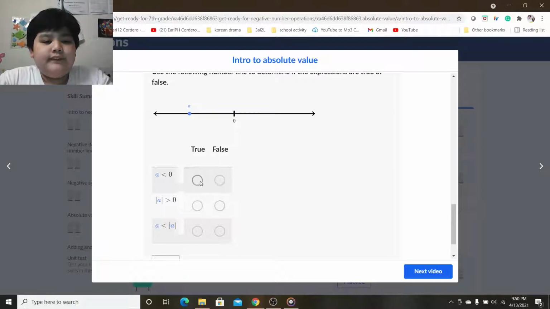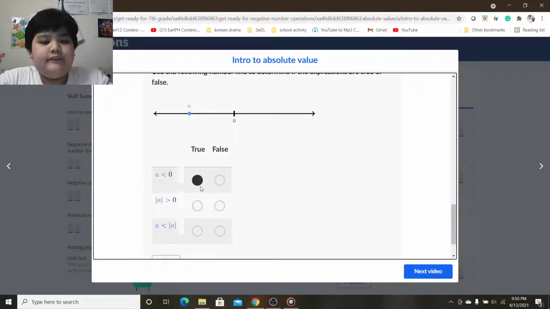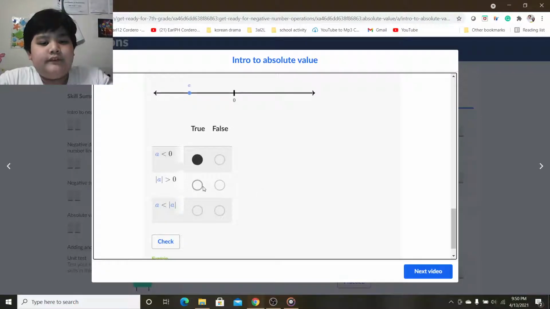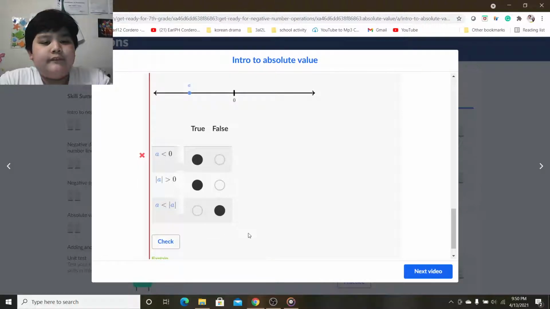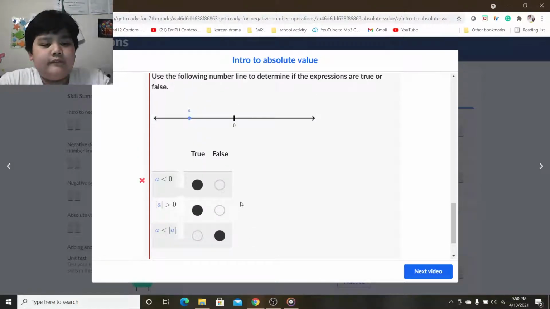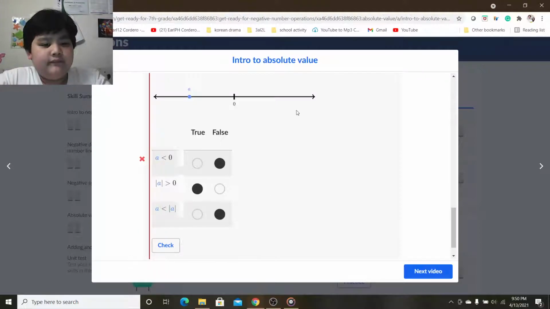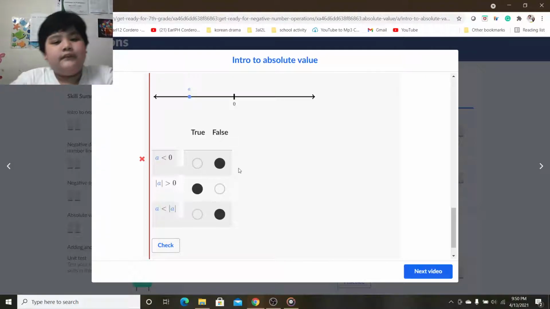A is less than 0. True. True. False. Oh wait, check. The distance to 0.